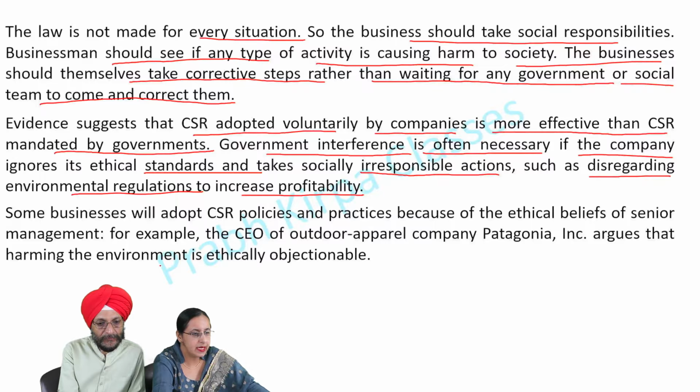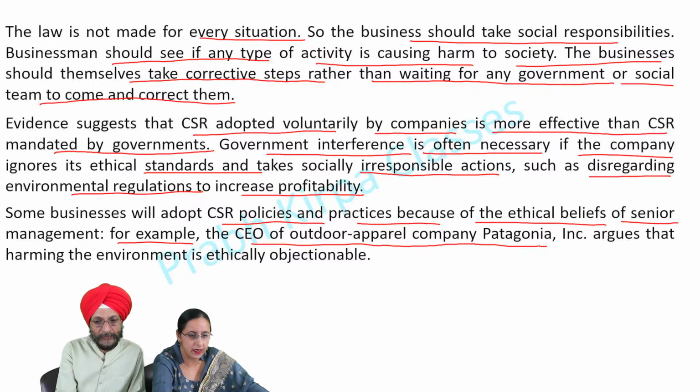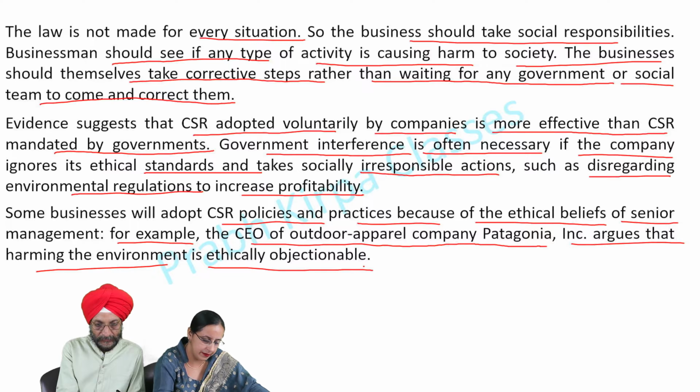Some businesses will adopt CSR policies and practices because of the ethical beliefs of senior management. For example, the CEO of outdoor apparel company Patagonia Incorporated argues that harming the environment is ethically objectionable.